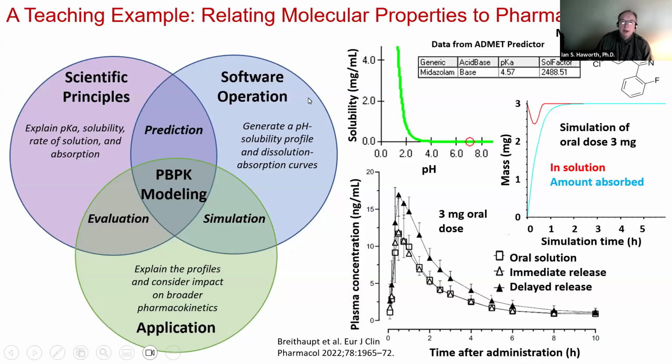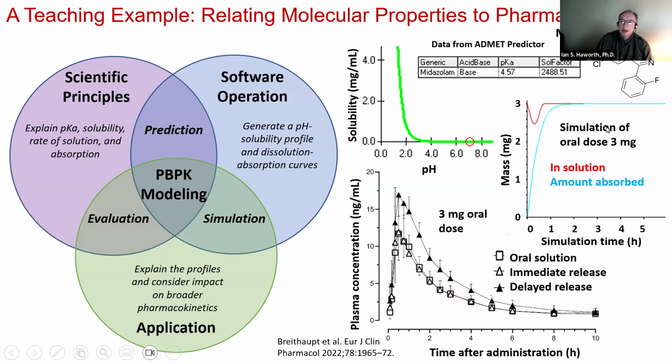Let's then use the software to generate a pH solubility curve. And what does it look like? It's low solubility at high pH. After you get ionization at lower pH, you see the solubility increase. So you're validating at this point that result. But you can go a little bit further. In fact, a lot further.